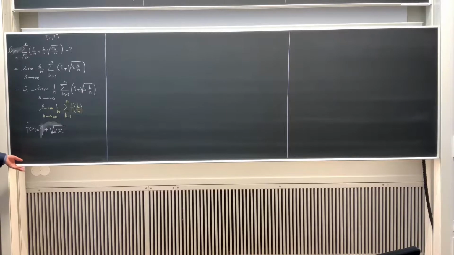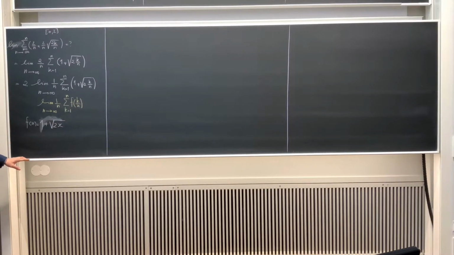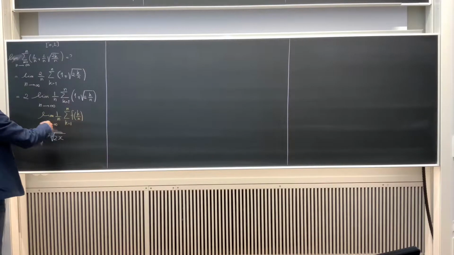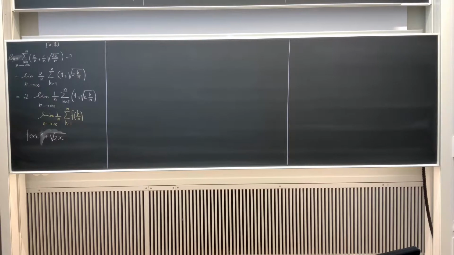Okay, so now there is one question that you have to address. Is this function integrable? The answer is yes. On which interval are you working? Remember, this formula is always on this interval, from 0 to 1, and this function is continuous. Consequently, it is integrable, so everything is good.